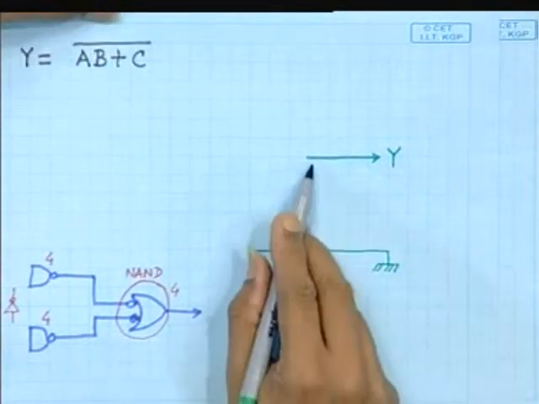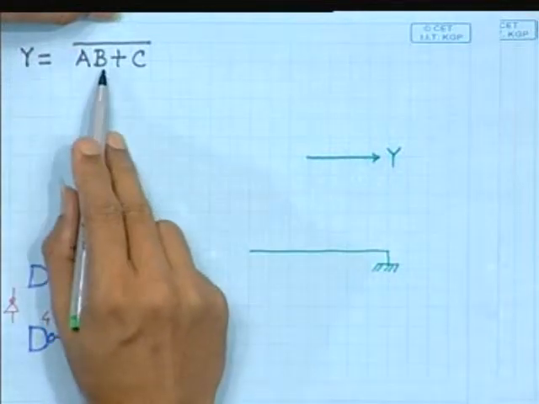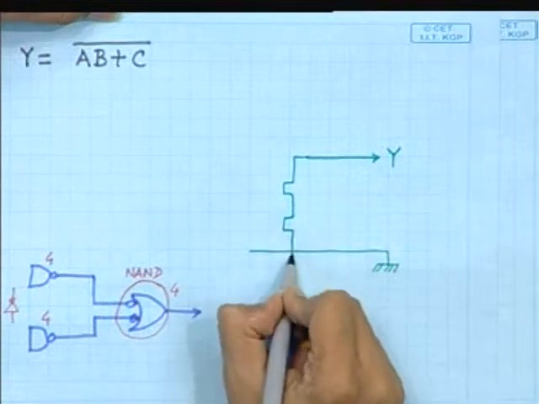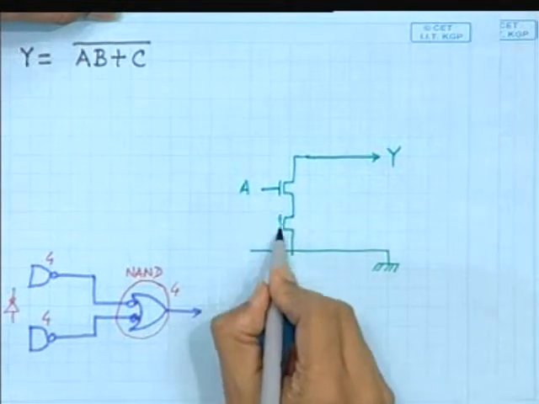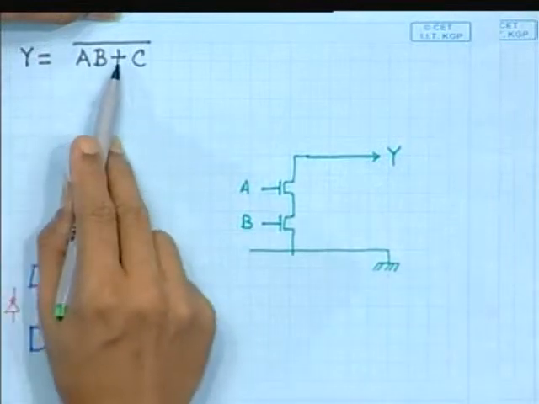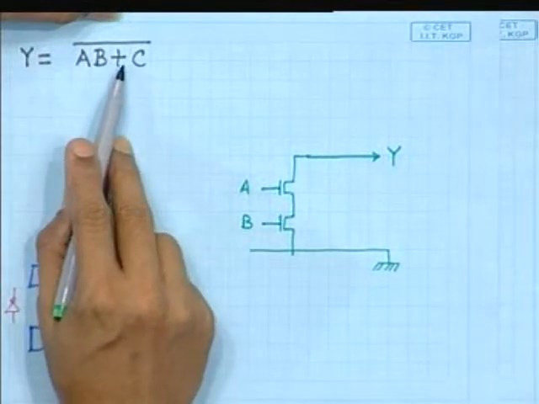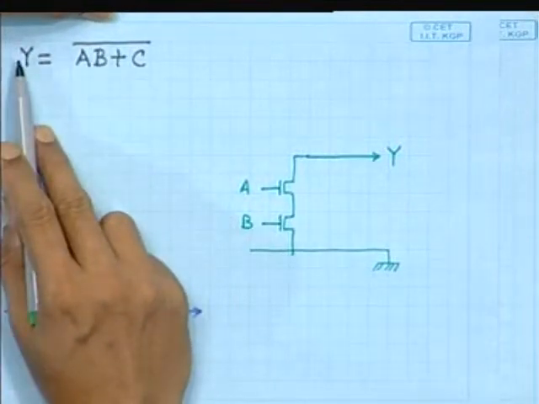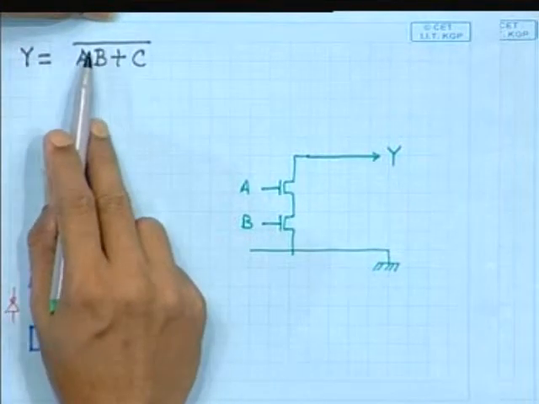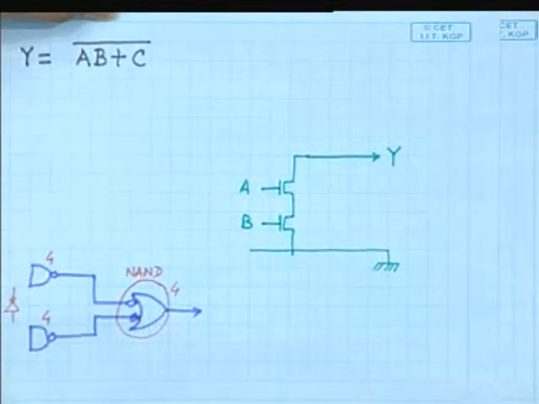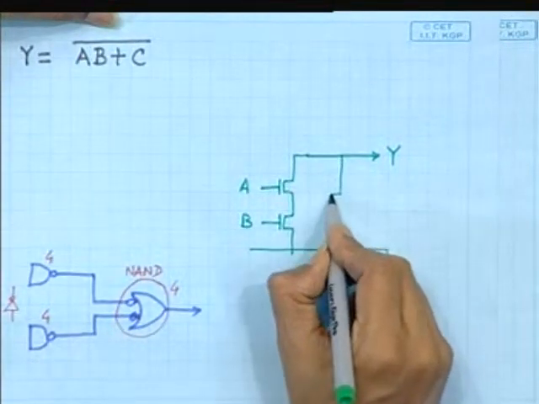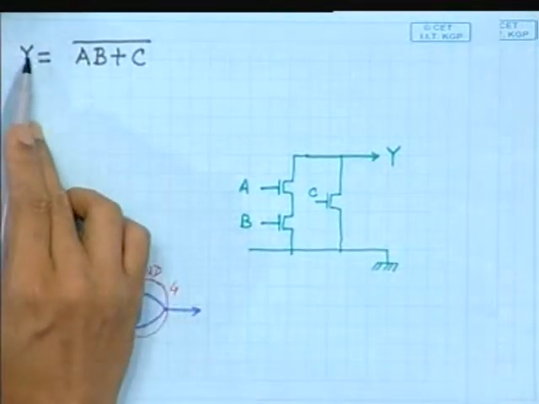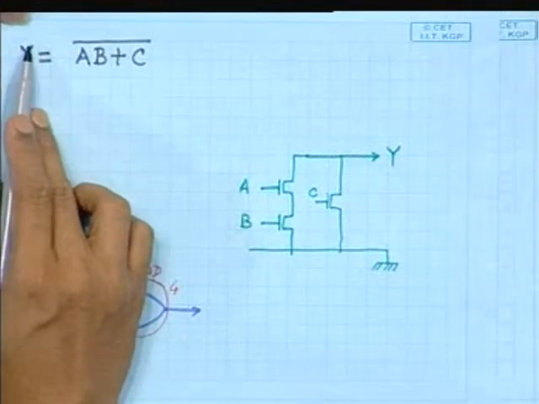Y should be connected to the ground line if A and B both are high. So I can think of 2 transistors here, one connected to A, another connected to B. So this portion is satisfied. Or even if C is high, then also the output should be low irrespective of the value of A and B. How do you implement that? Make a parallel connection here, C. So that takes care of the output being low.